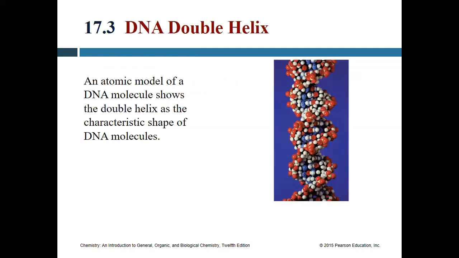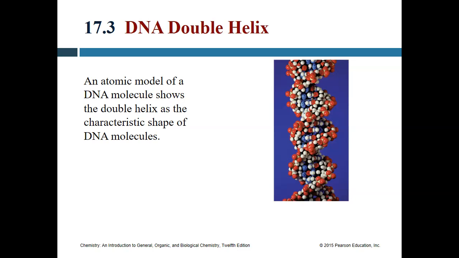Okay, so that's the primary structure. That's how we line them up and stack them and put them in a row. The last bit that we want to get into today is how does it actually look?